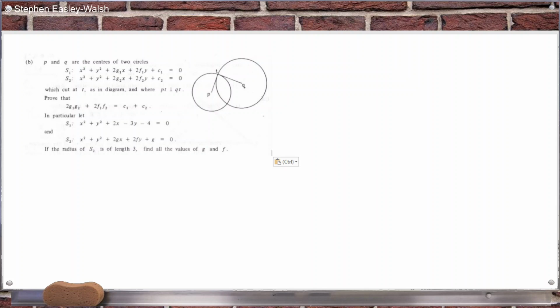It's one thought that occurred to me. We could look at the common chord.